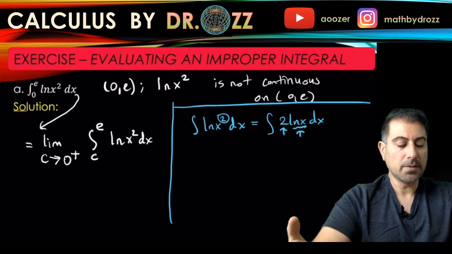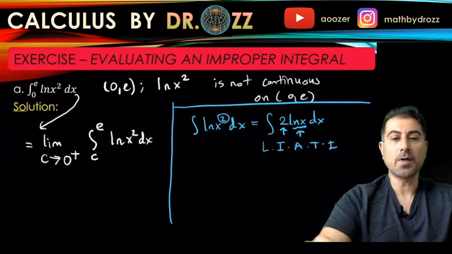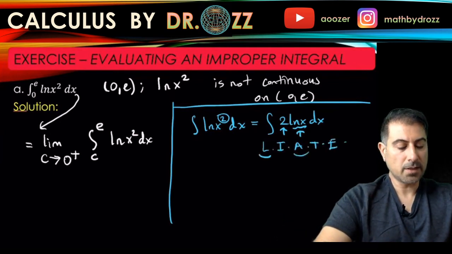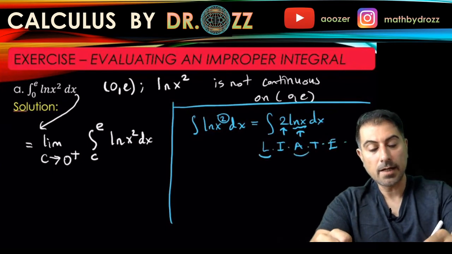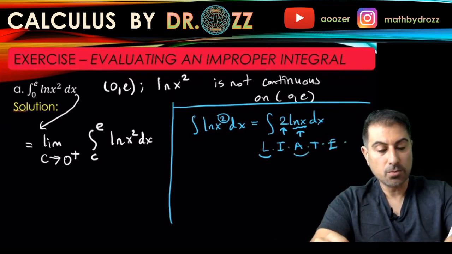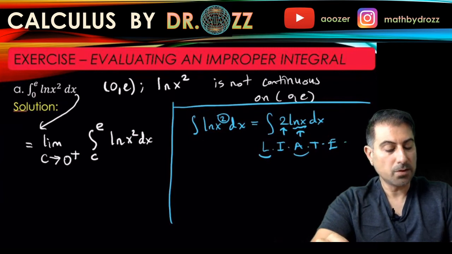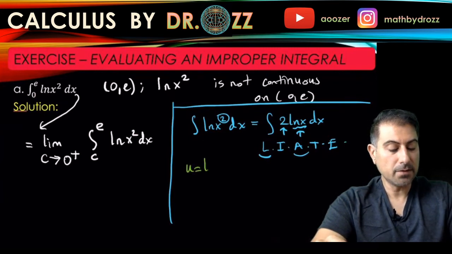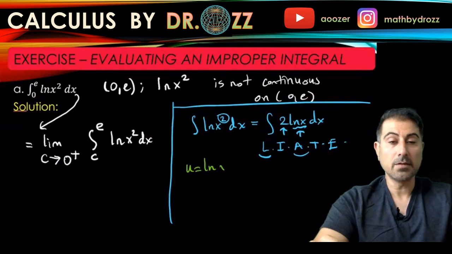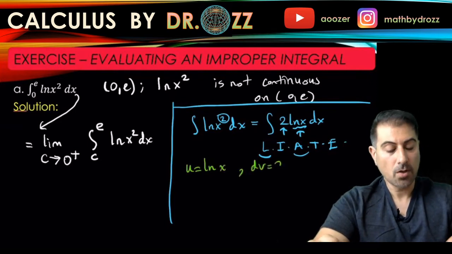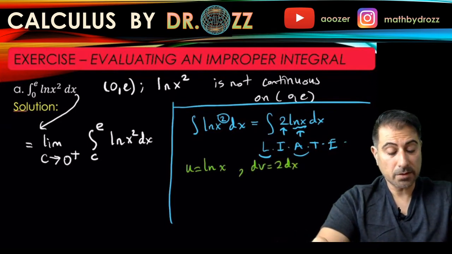I have logarithmic and algebraic, in other words, polynomial in this context. So I am going to call u to be ln x and dv to be 2 dx, and apply integration by parts, obviously.